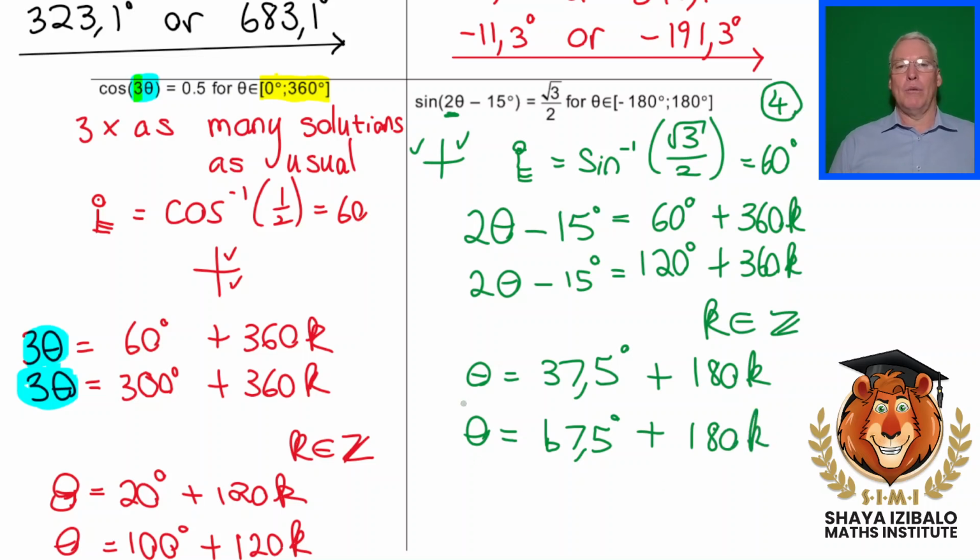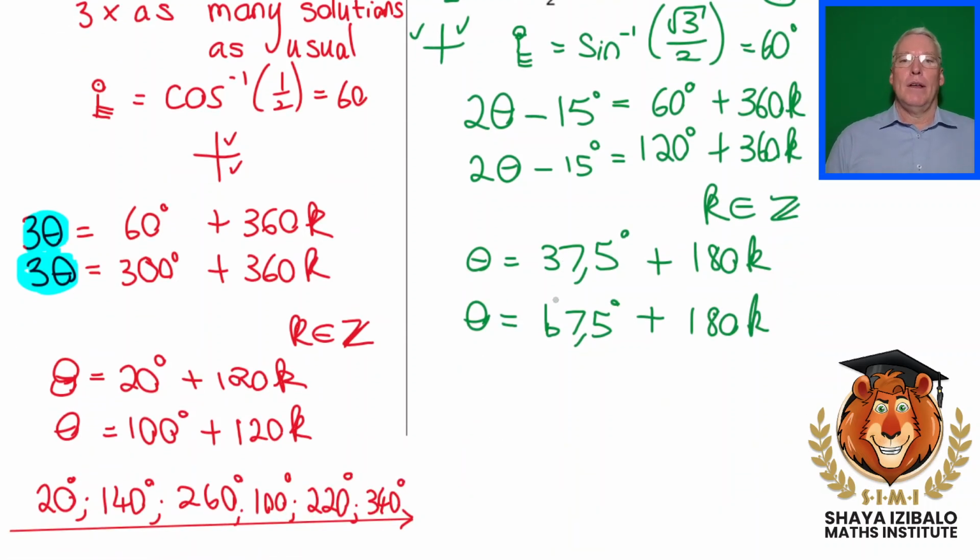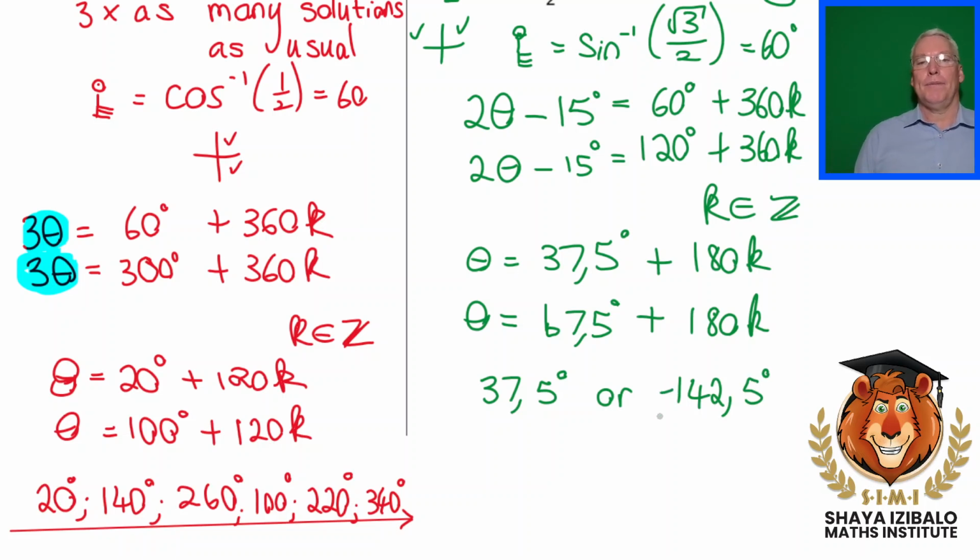Right, and then the last thing we do is we write down our specific solutions. So, if k is 0, we get 37,5. If we add 180, we're going to go outside the top. But if we subtract 180, 37,5 minus 180, we're actually going to get negative 142,5.